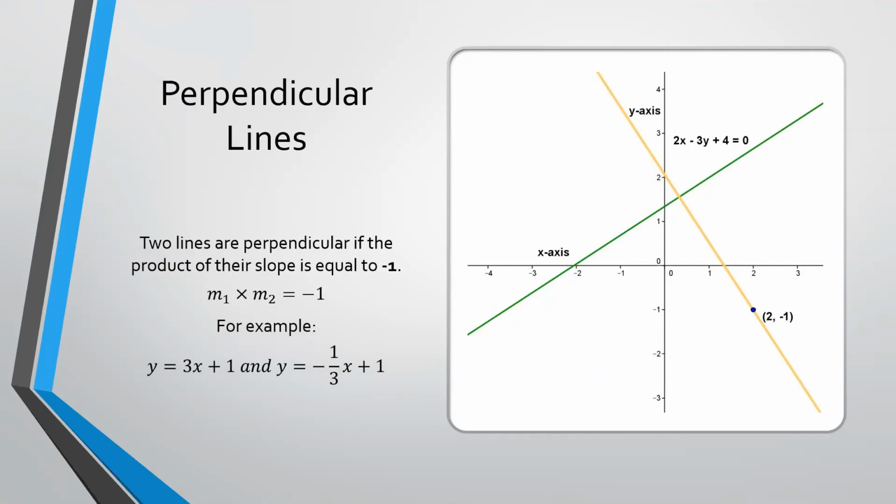So, for example, y equals 3x plus 1 and y equals -1/3x plus 1. So if we were to multiply these two together, they would be perpendicular.